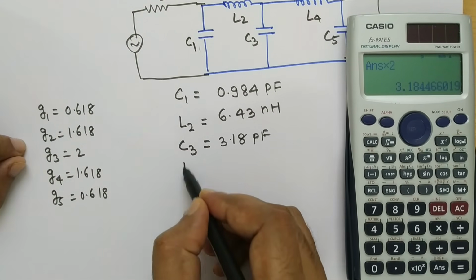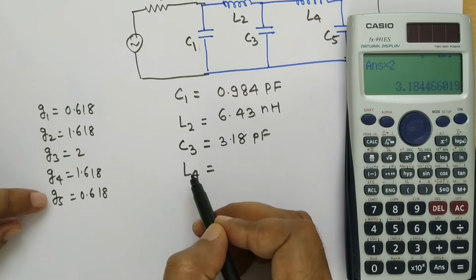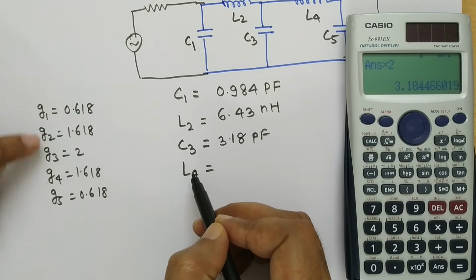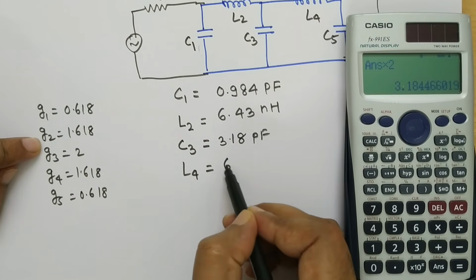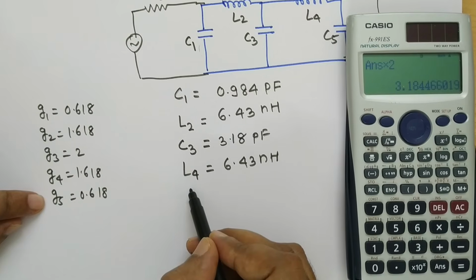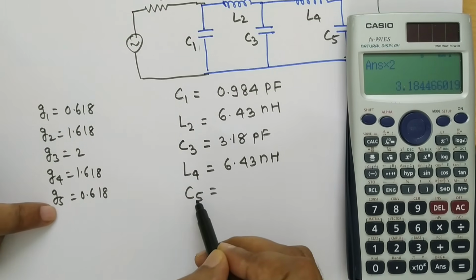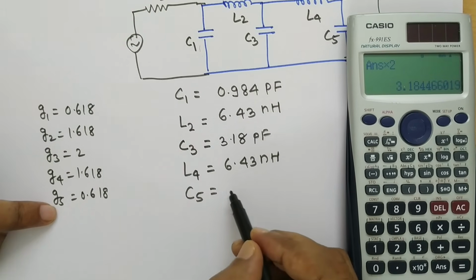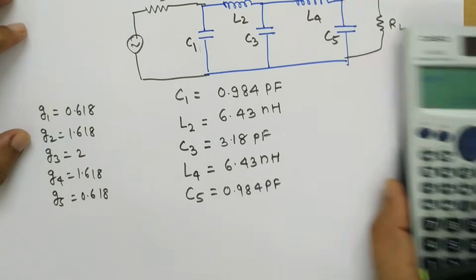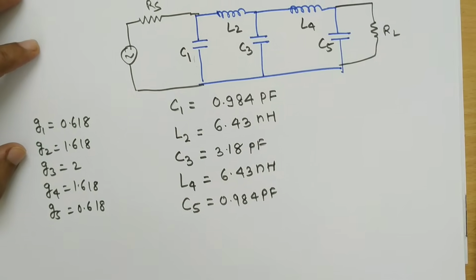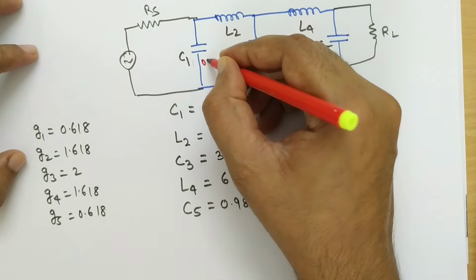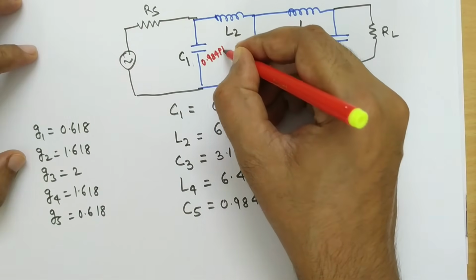Then we have L4, and L4 and L2 both are the same because G2 and G4 have the same value, so you can write 6.43 nanohenry, and we have C5 which will be equal to C1, so it is 0.984 picofarad. So let us write all these values in the circuit. 0.984 picofarad.